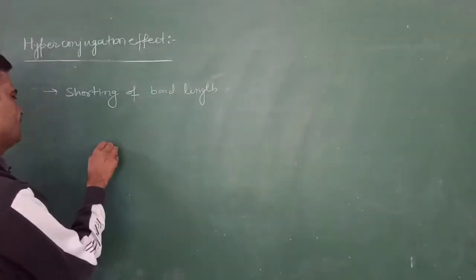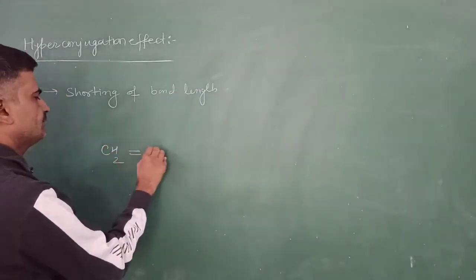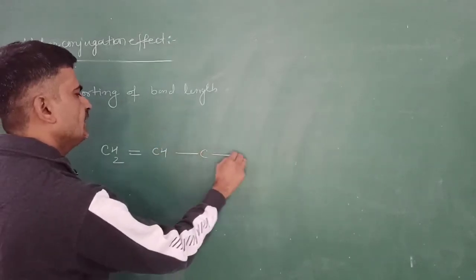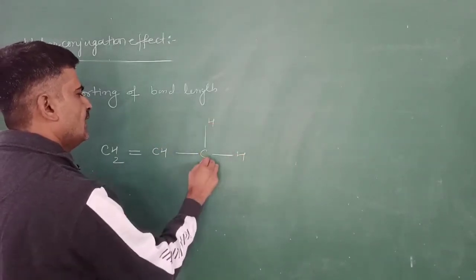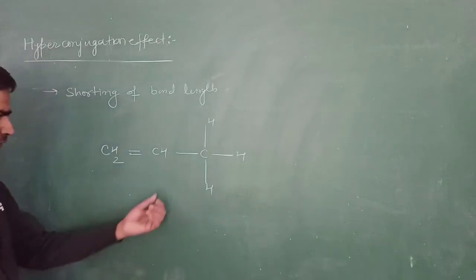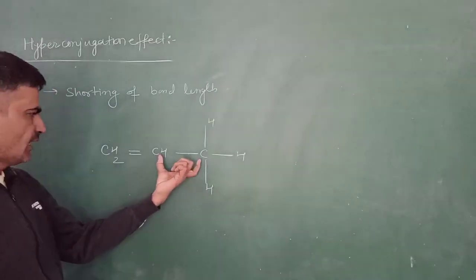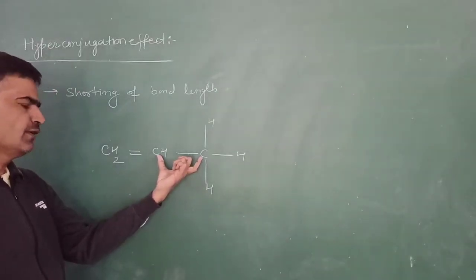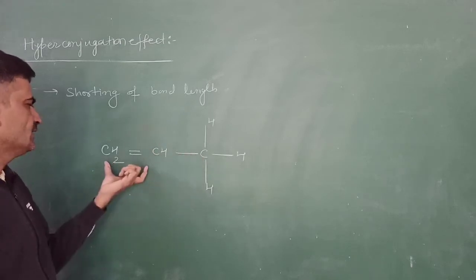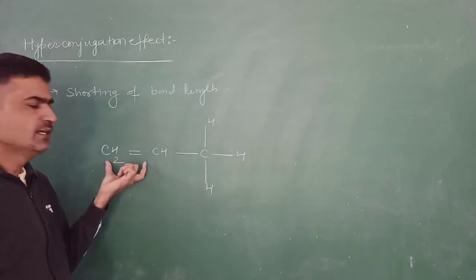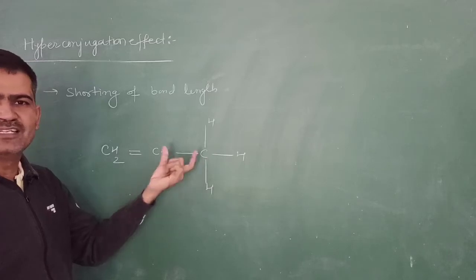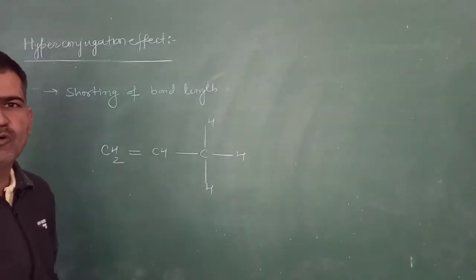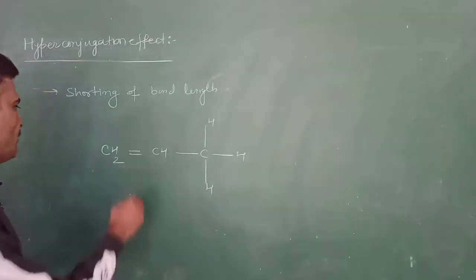Just like we take the example of propene, and experimentally we find that this carbon-carbon bond length is 154 picometer and this is 134 picometer, but actually this carbon-carbon bond length is decreased and shortened now, and this is due to hyperconjugation.